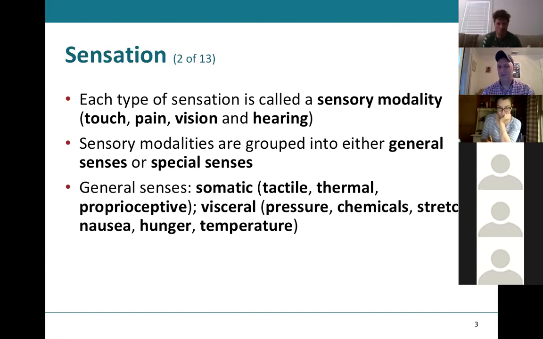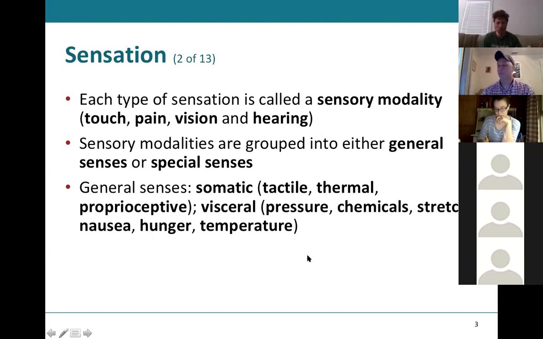What does it actually mean to be hungry? What's actually going on inside of your stomach, versus what's actually being interpreted inside of your brain? And then temperature versus thermal detection. What does temperature actually mean inside of your body? And you can imagine the receptors for each of these states are in different locations.